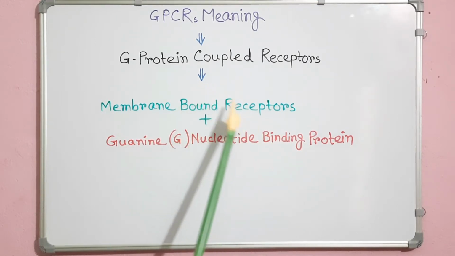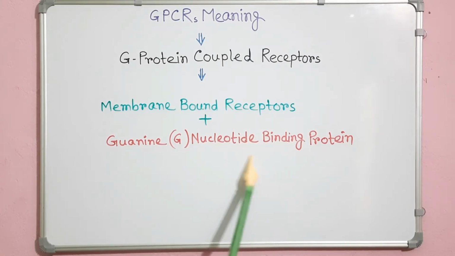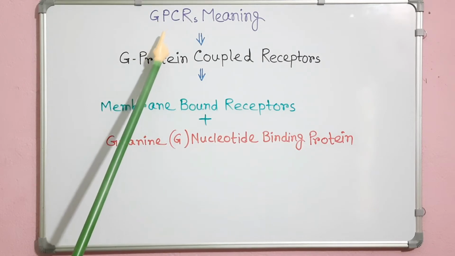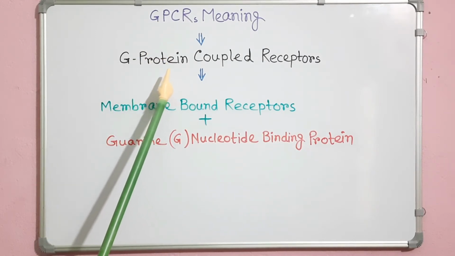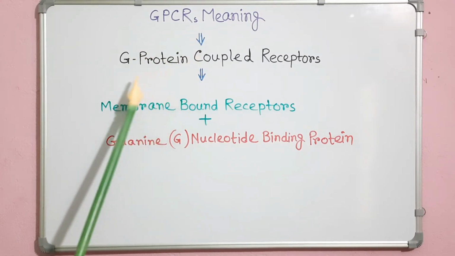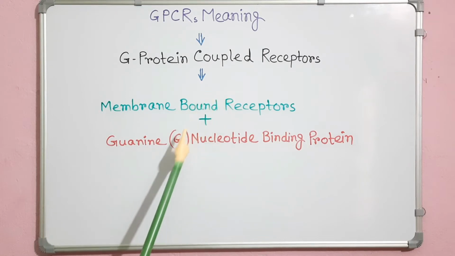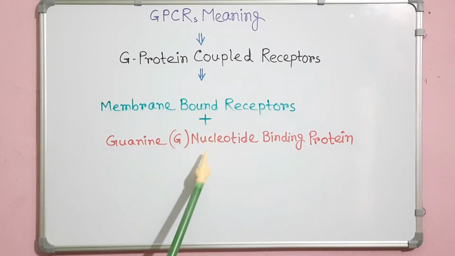So, the membrane-bound receptors which get coupled with G protein in their active state are known as GPCRs or G protein coupled receptors. Now, I will discuss the general structure of the GPCR and the G protein that interacts with that receptor.